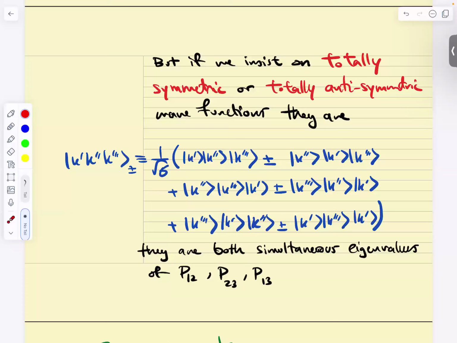Right? That's why I distinguish between them. All right. So here's for 3 particles, the totally symmetric and totally anti-symmetric eigenkets. They're simultaneous eigenkets of P12, P23, and P13.